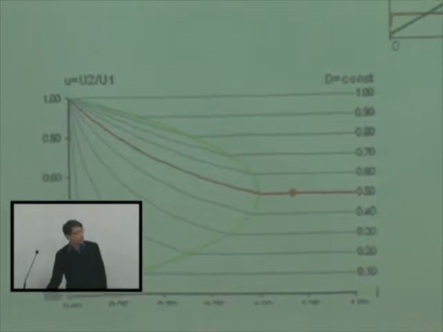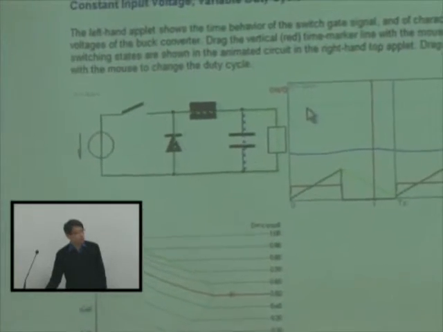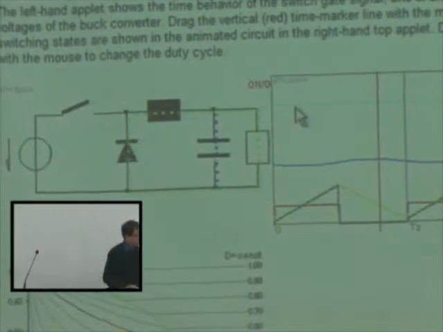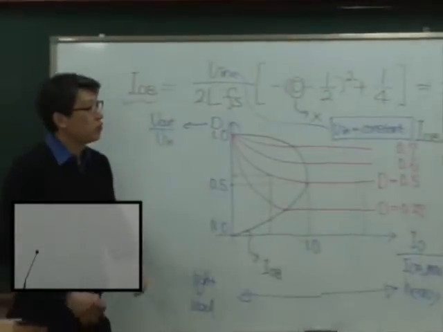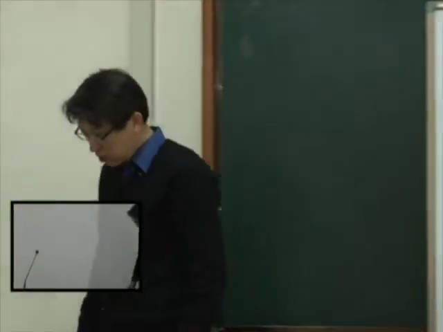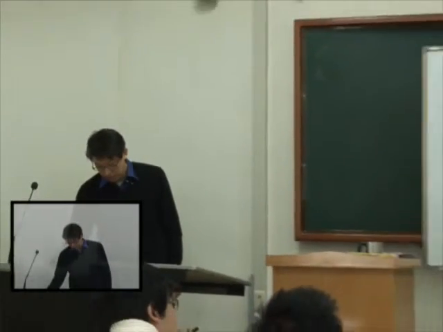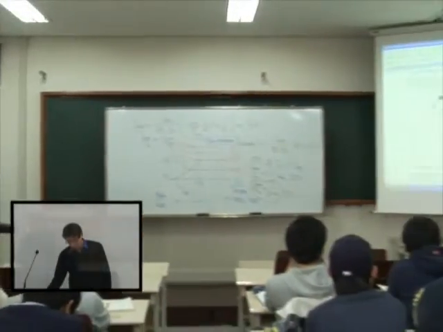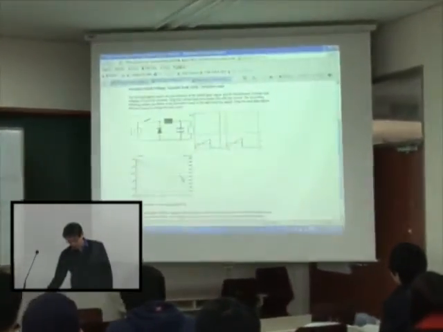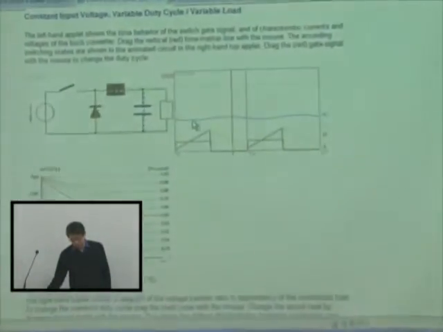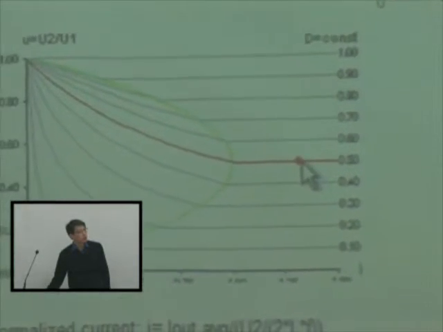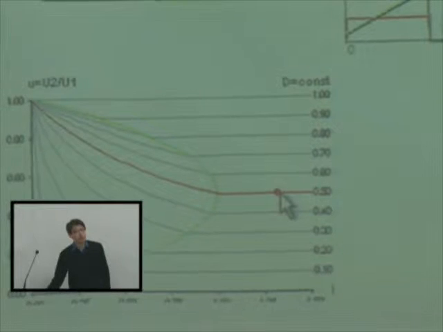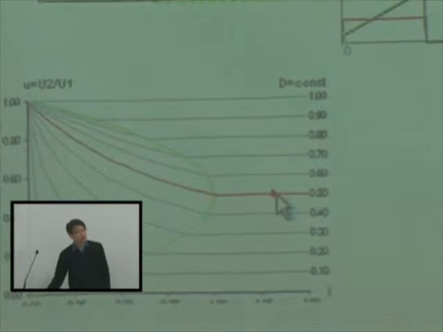First, input voltage is fixed, of course, because input is assumed to be constant, so that sky blue colored line stays constant. And what does it do with output voltage? The blue one doesn't change. Why? Because as long as I maintain the same duty, output voltage is also the same.